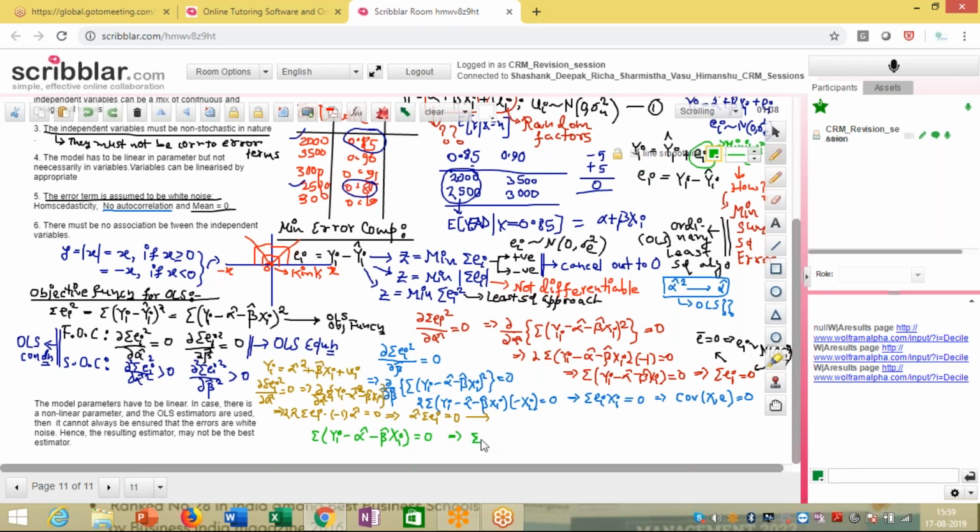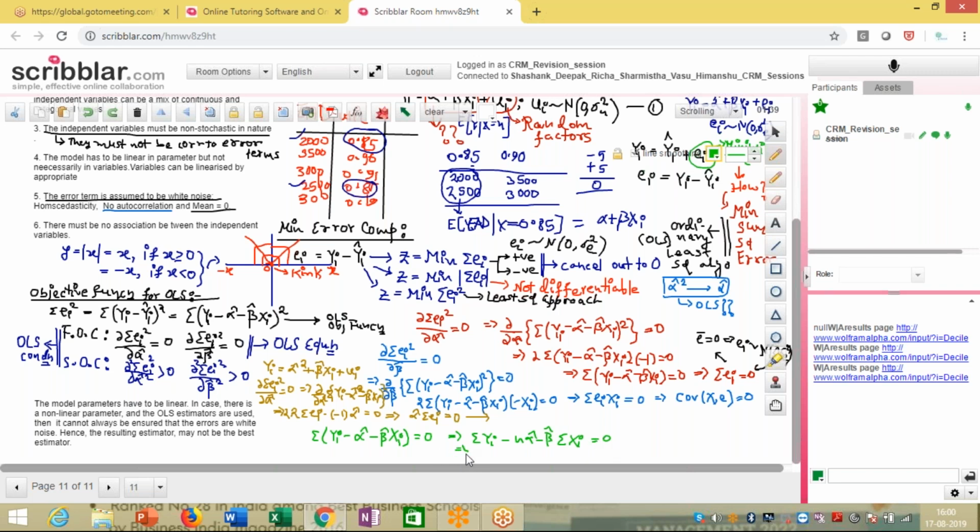So what I'll get is summation yi minus n alpha hat minus beta hat summation xi is equal to 0.